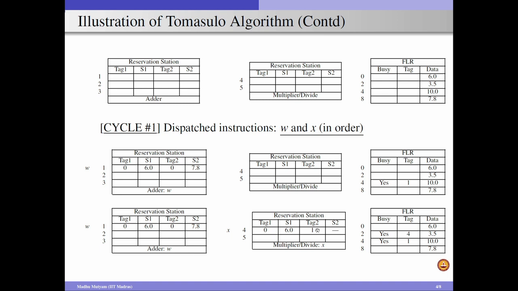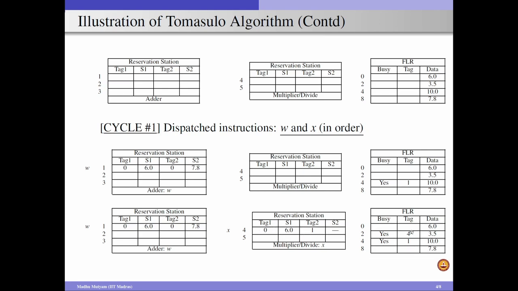And now, because this multiply instruction is going to produce the new value for register R2, we will go to the floating point register file, to the second entry, and set the busy bit, and also set the tag field to 4, because this new value will be computed by an instruction that is stored in reservation station entry 4.